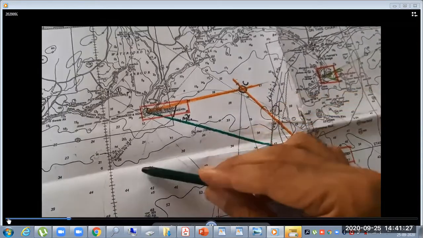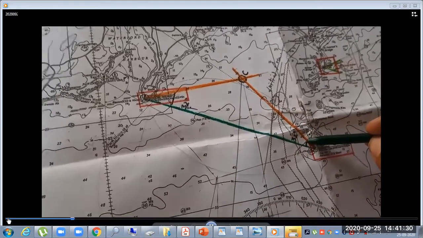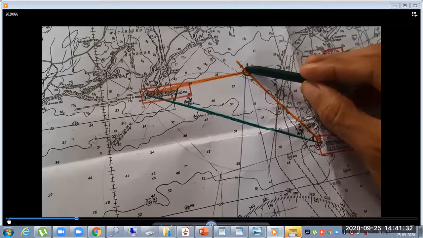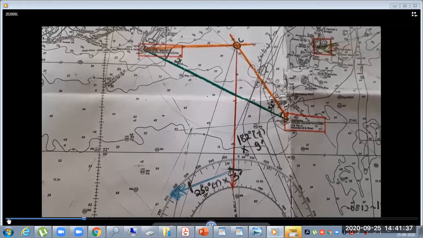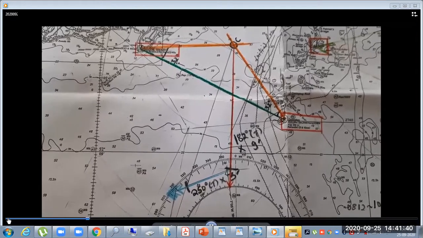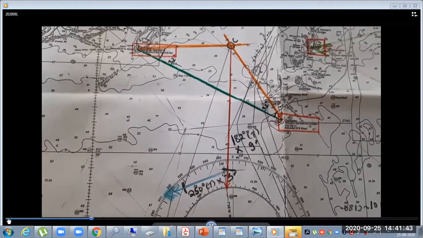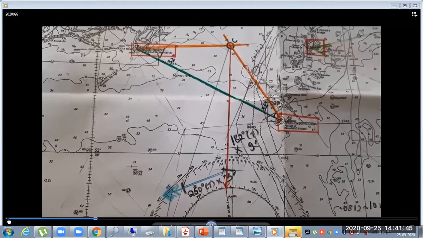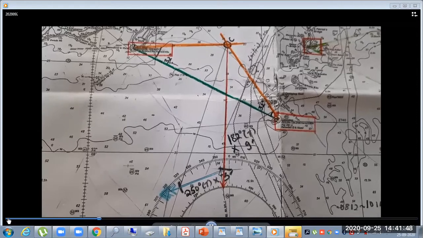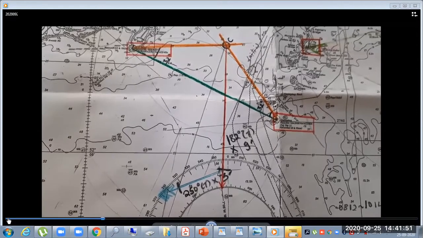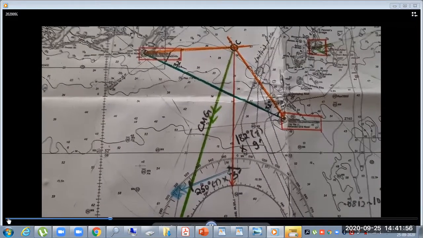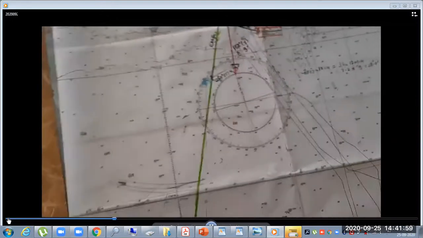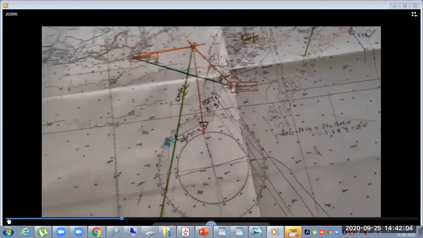From this we will make the circle, and then from the center of the circle we will draw the course. So from the center of the circle we have plotted the course 182 for 9 miles. We are just plotting a 1 hour triangle, and then 250 into 3 miles, the current, to get the course made good. We have extended the course made good. So how much will the ship run?